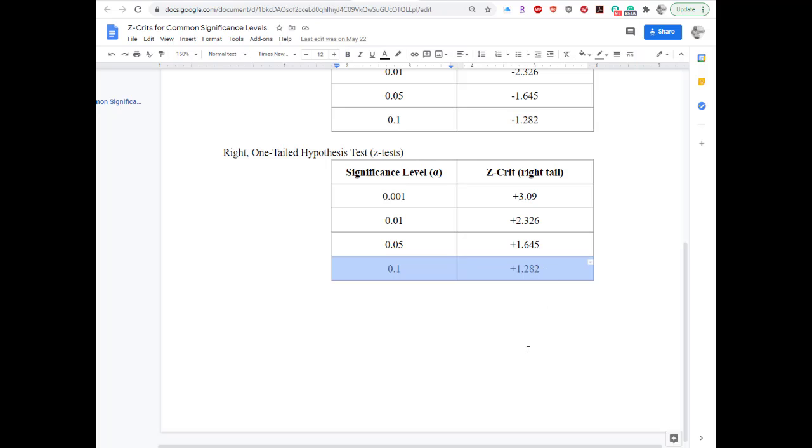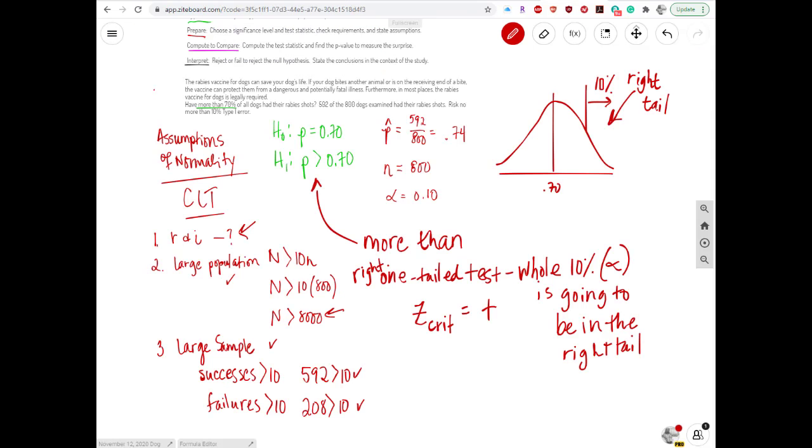So 10% of the curve is going to be at a positive 1.282 z-score. So my ZCrit is positive 1.282. And I'm going to go back to my Ziteboard, and my ZCrit is going to be positive 1.282. Okay, here's my ZCrit.